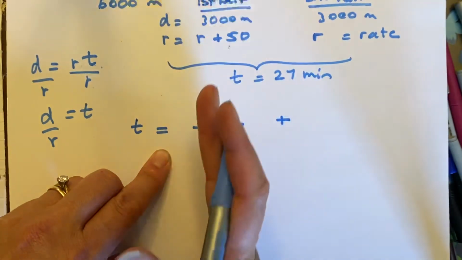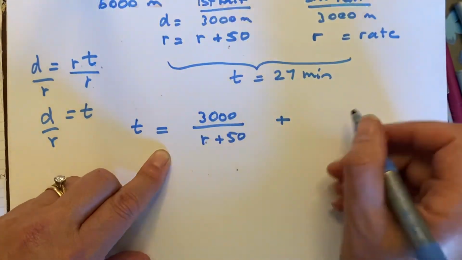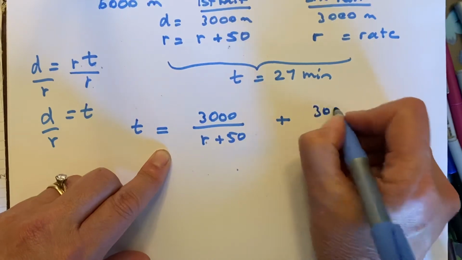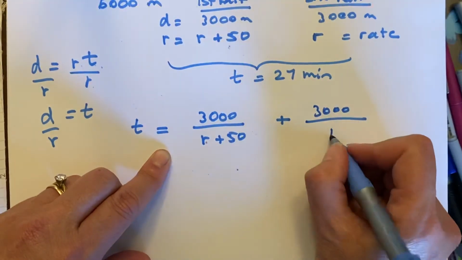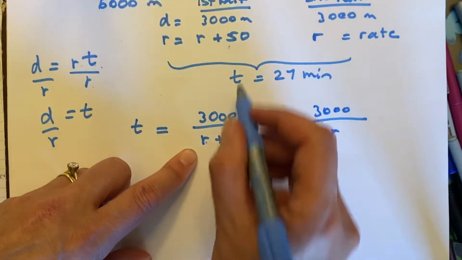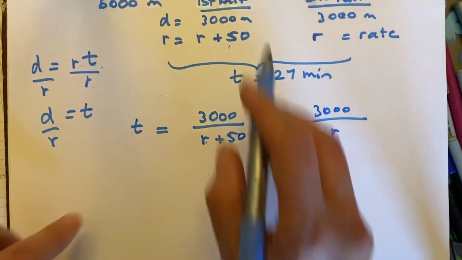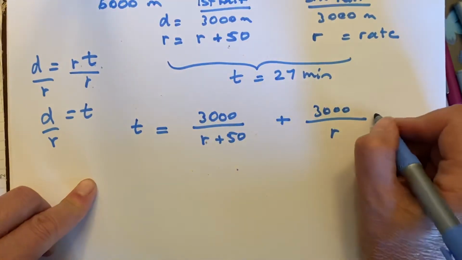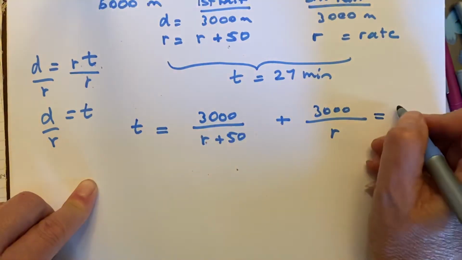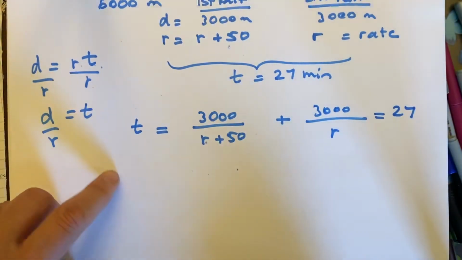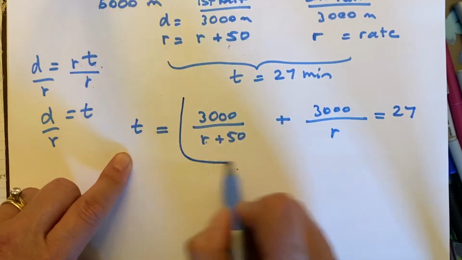So we're still keeping aligned first half, second half. In the second half, we have 3,000 meters over r, because of course he's going 50 faster in the first half of the race. We're also told t is 27. So now I have an equation that I can solve.